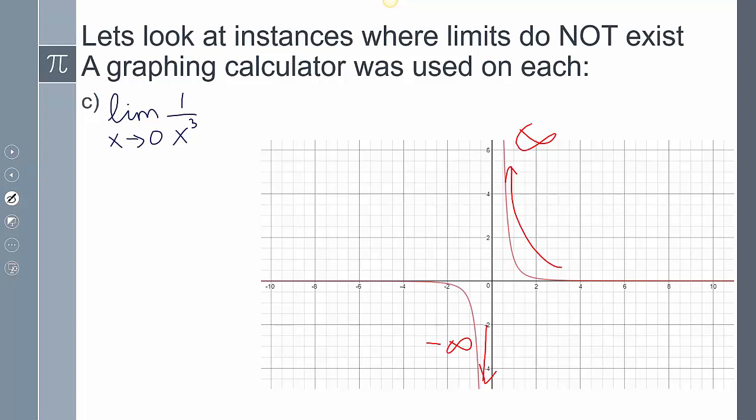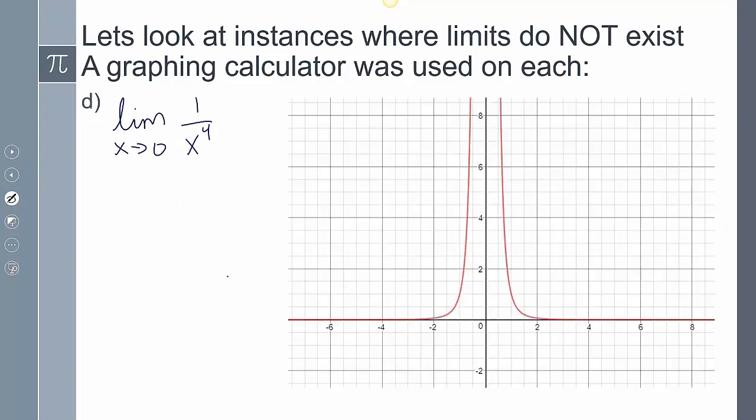So even though we can conclude maybe that the limit is approaching a certain value, such as infinity, because it's not a definitive value, we would still conclude that the limit does not exist. But in this instance here, it goes to negative infinity and goes to positive infinity, because the limit as x goes to 0 from the negative does not equal the limit as x goes to 0 from the positive, so it does not exist.